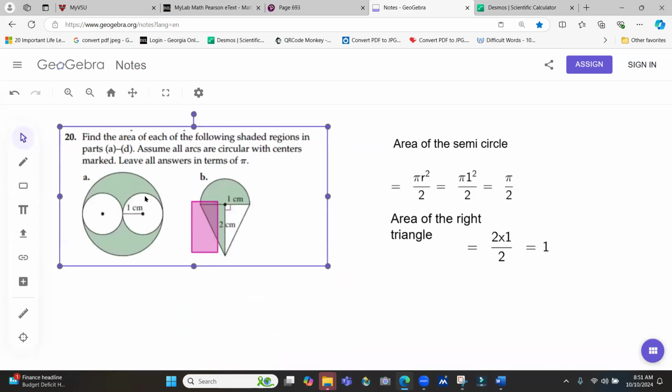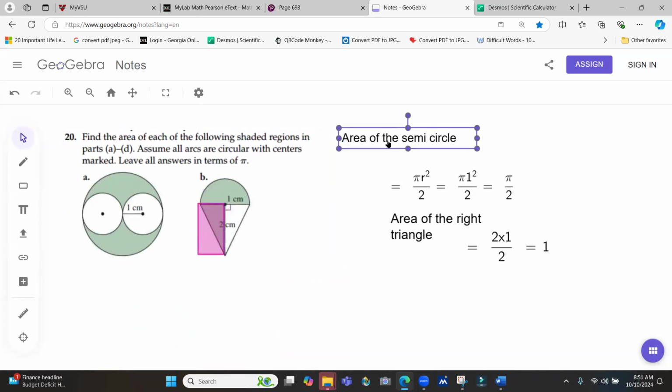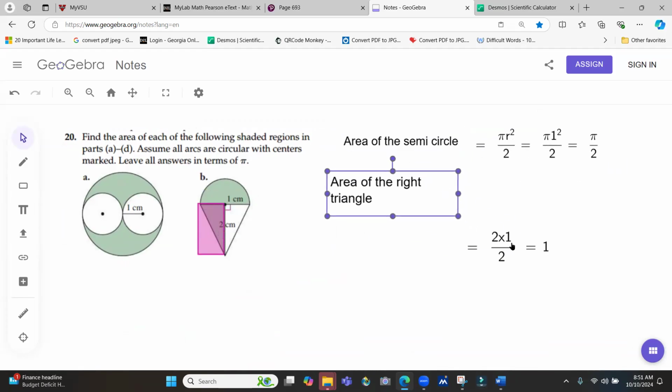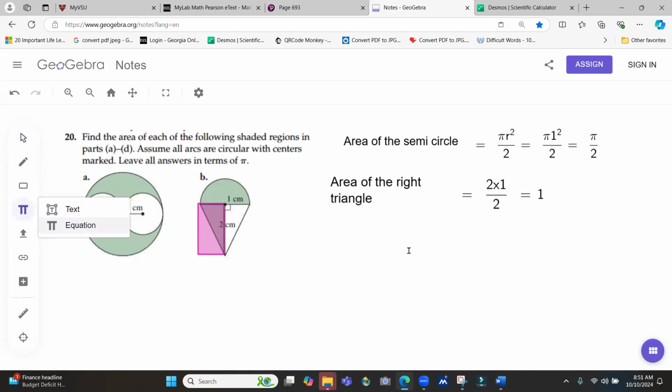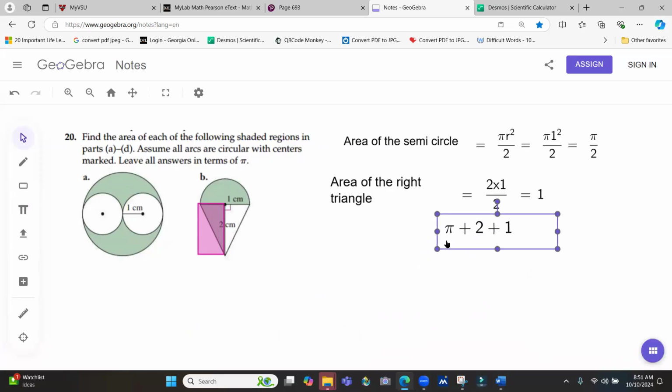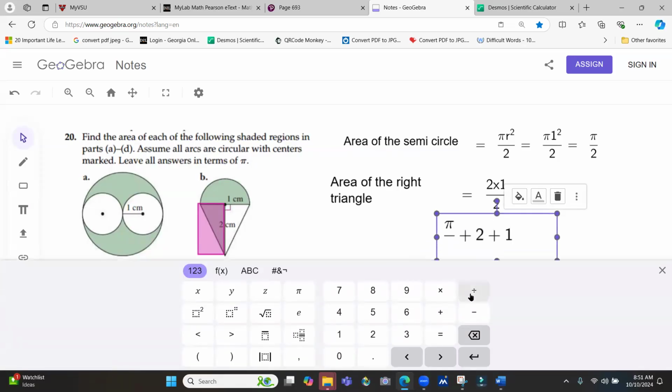Area of the semicircle, we got it. Area of the right triangle, we got it. My final answer should be pi over 2 plus 1, and my unit is going to be cm squared.